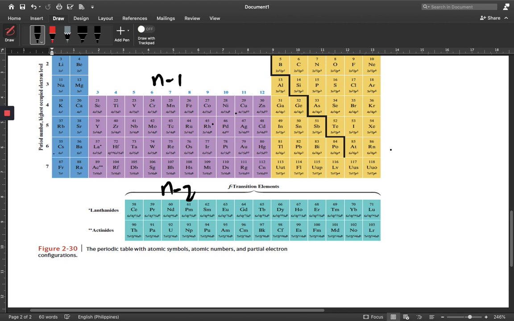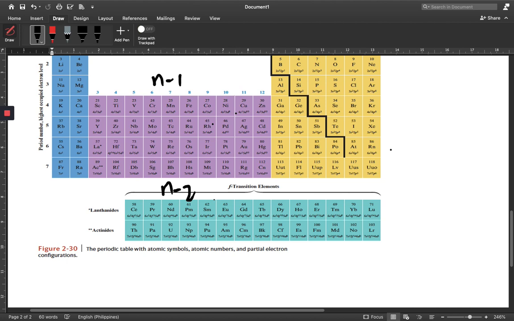So for example, you start with 6s2, and then you go through lanthanum, which is 5d something. And then after that one, you need to go through the F block. So n minus 2, that becomes 4f blank, or 4f2, 4f3, and so on.